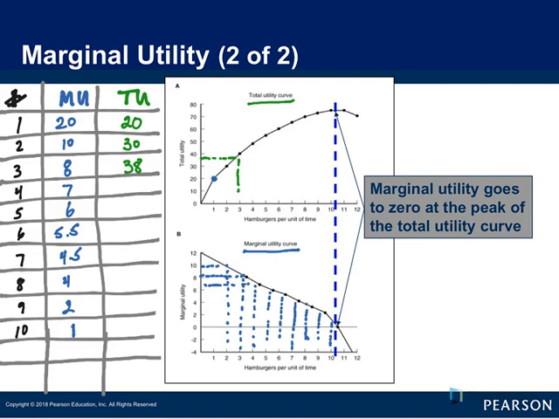And at number 10, eating our 10th hamburger, we really didn't enjoy it that much. And as we calculate, our total utility curve tends to go up, but you'll notice it goes up a little bit less every single time. As we consume, the total utility goes up slowly.